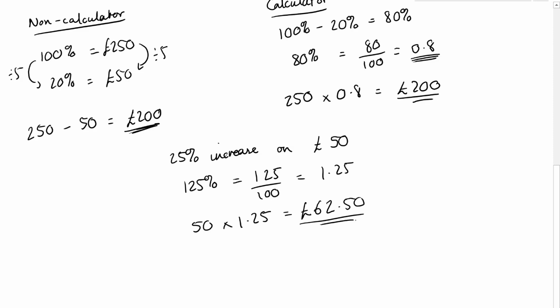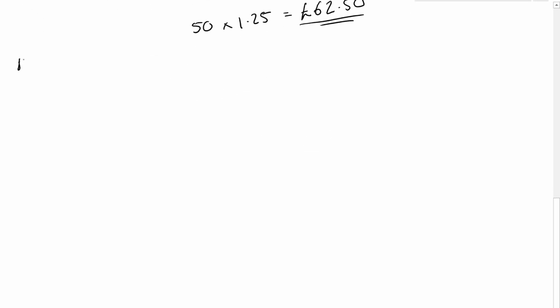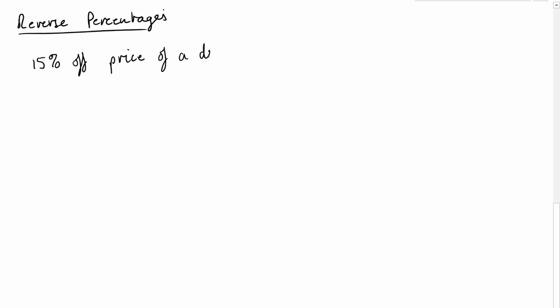So now, what would happen if we were to look at reverse percentages? Let's say we've been told that in this sale there was originally 15% off the price of a dress, and the dress now costs, so the sale price is now, £70.